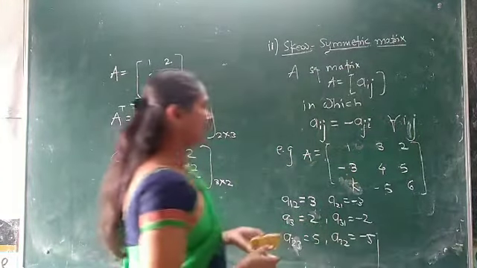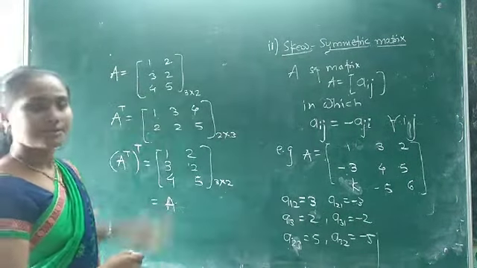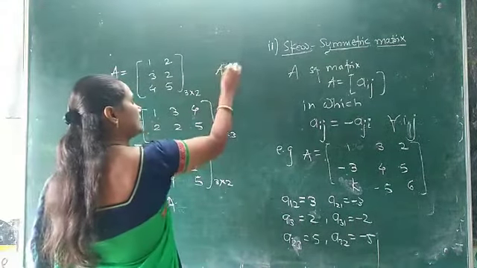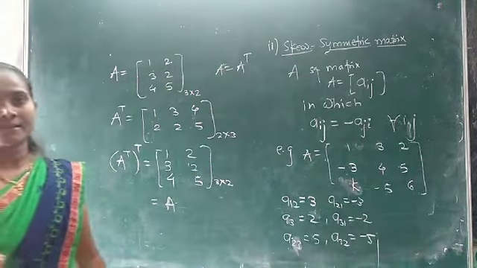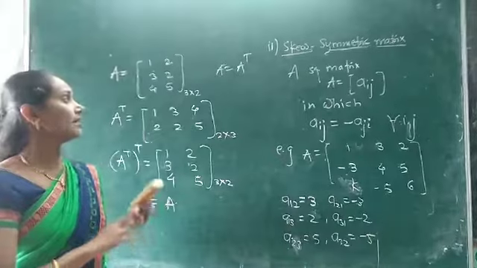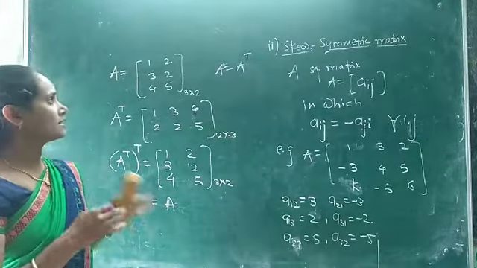And if A is a symmetric matrix, then A is equal to A transpose. If a matrix is symmetric, then the matrix A and A transpose are always the same.